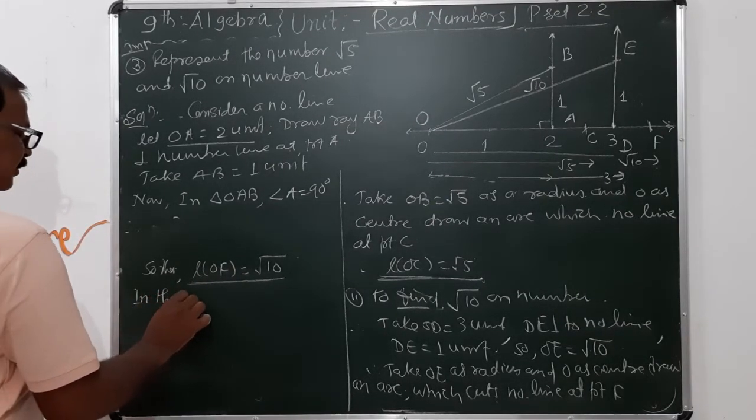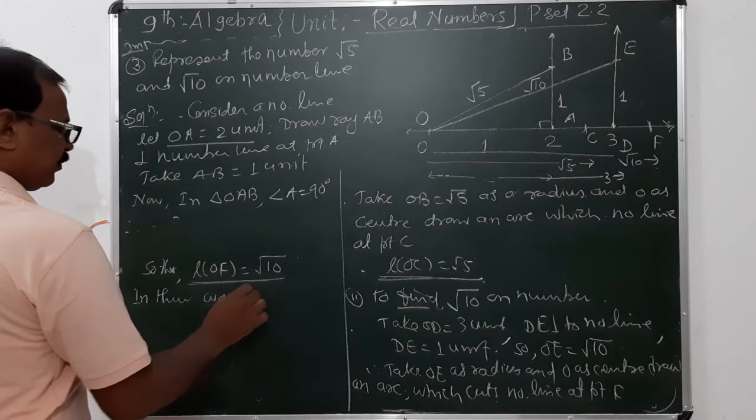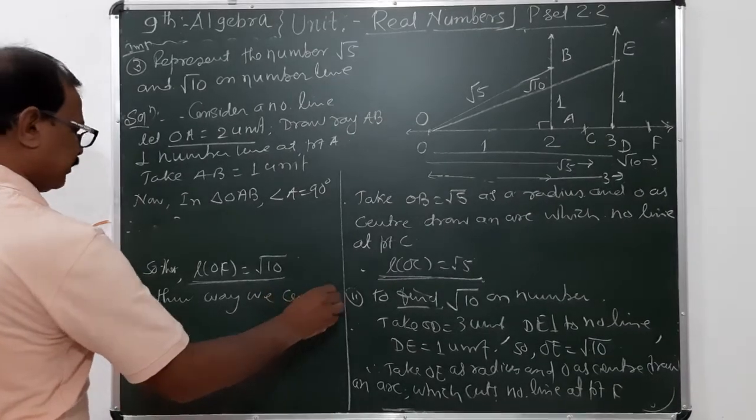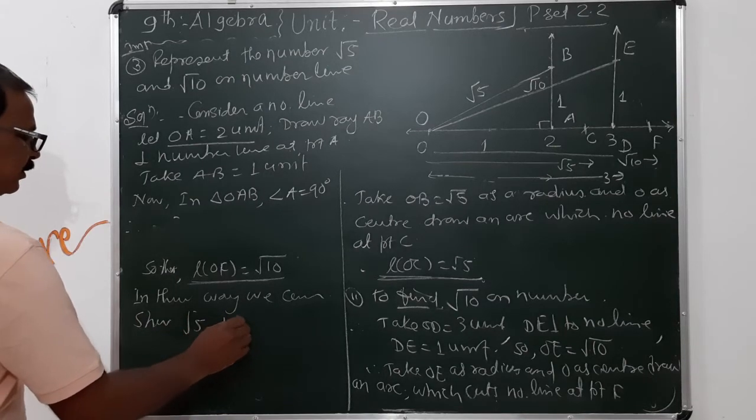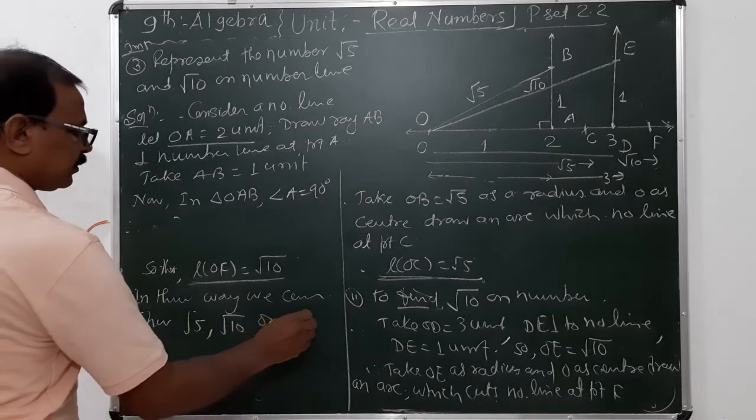In this way we can show under root 5 and under root 10 on the number line.